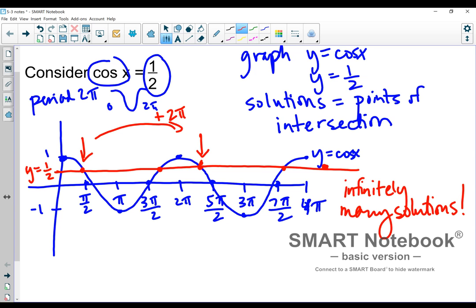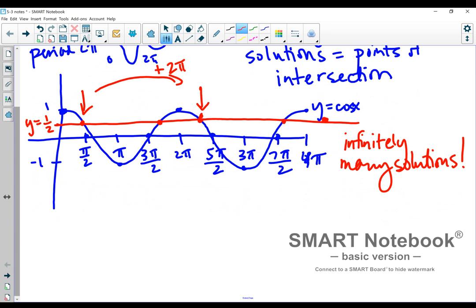The first key is that you understand why there are many solutions, and that's because of the cyclical nature of a cosine graph. The second thing is that if I have a solution where it crosses, 2 pi later it's going to cross again in that same spot because the period is 2 pi.